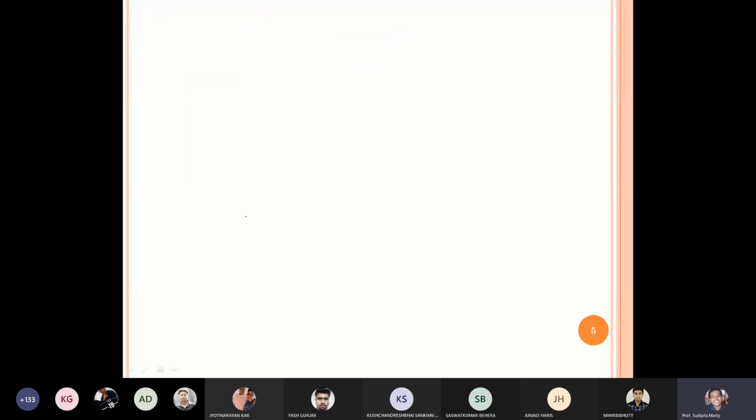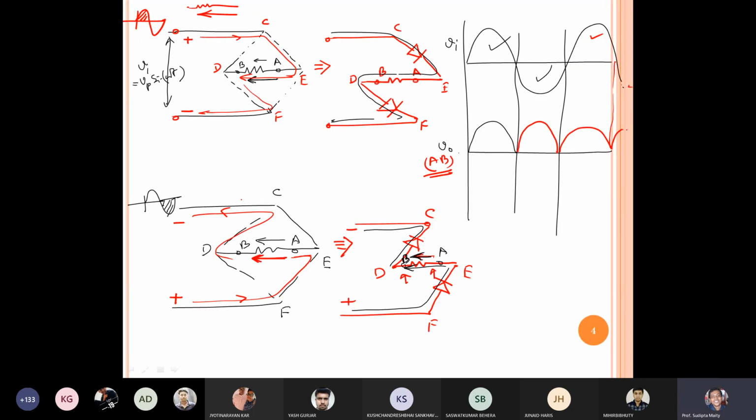Okay, so this calculation is for this one. Now let's come to this kind of rectifier. If you combine those rectifiers, it will be a full wave rectifier.